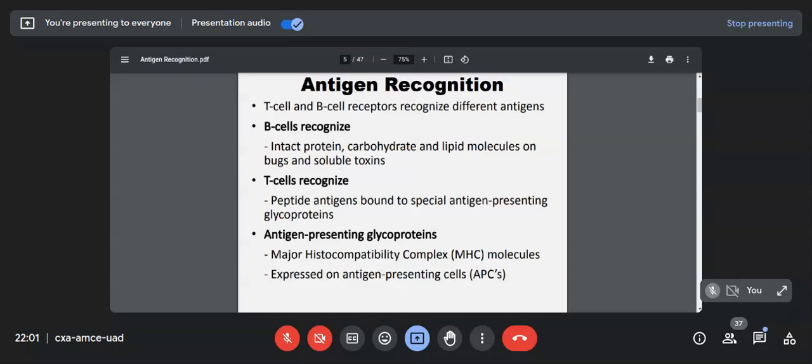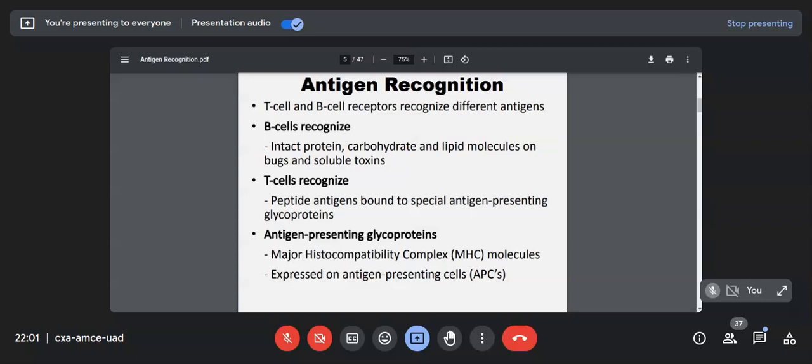I want you to see the difference between these two. B cells can recognize something directly, but T cells need what we call antigen presenting cells. I think I explained this when I talked about innate immunity, what antigen presenting cells basically are and what they do.